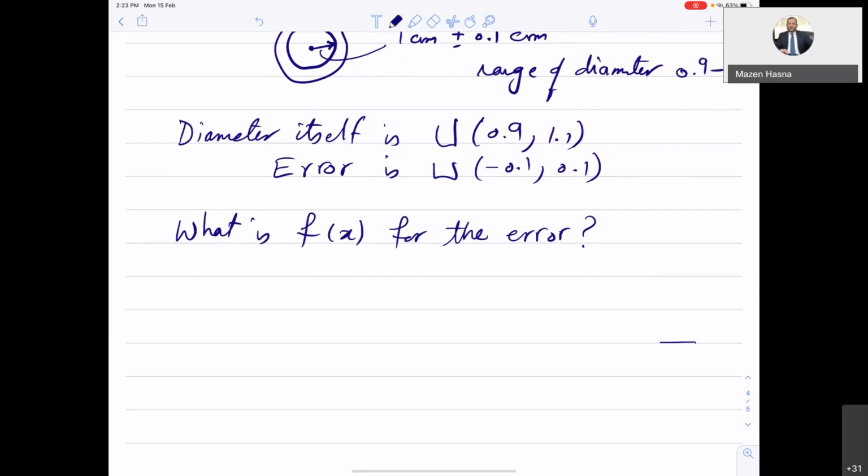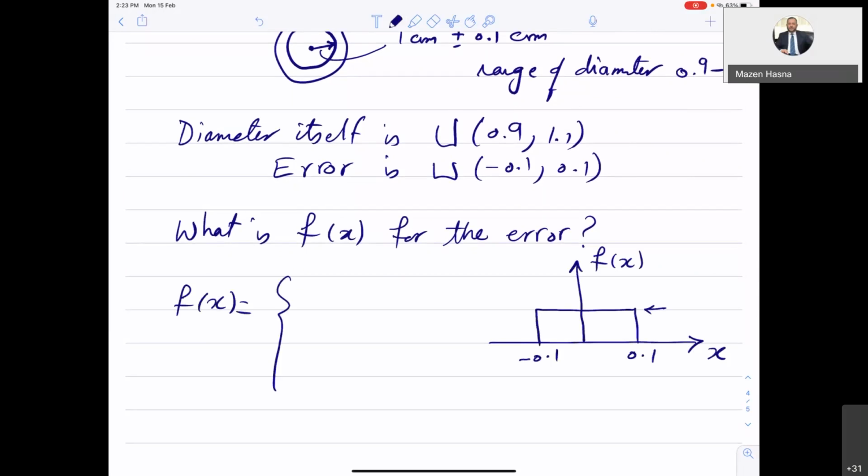So the error, if we plot it, it's between minus 0.1 and 0.1. This is x. This is f of x. What's the value of f of x when x is between 0.1 and minus 0.1, and 0 otherwise? What's the value? Again, how do we find it?